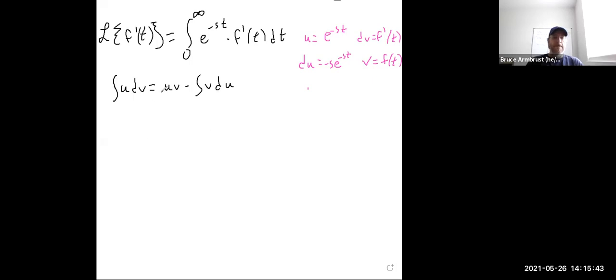So if we come back over here, then what we're going to get is u times v, so e to the minus st times f of t, still evaluated at 0 and infinity.